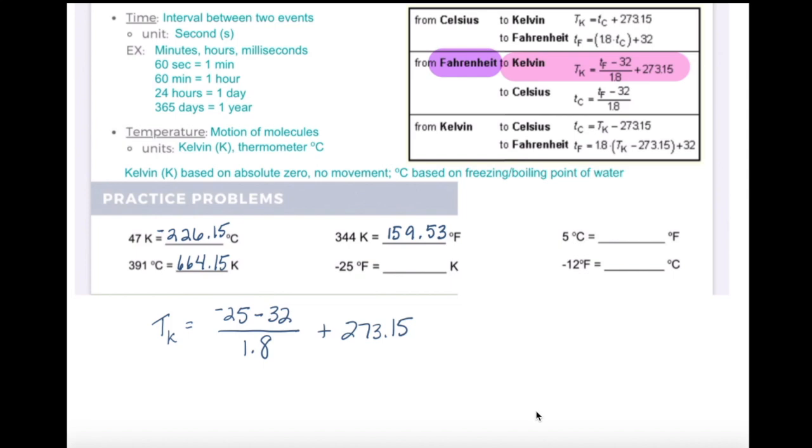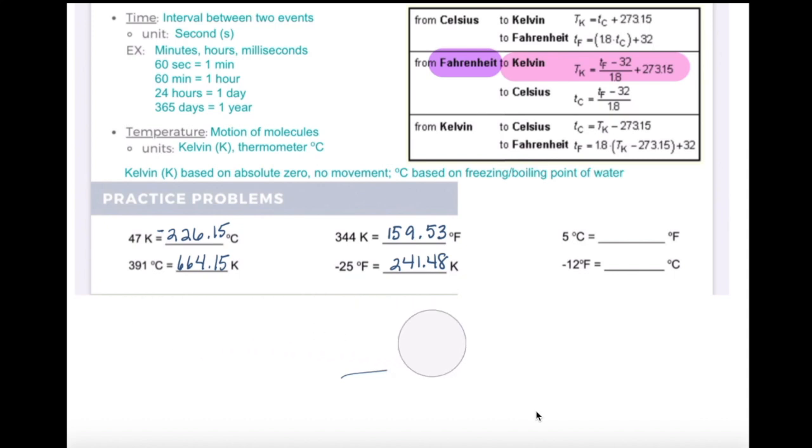So start off by subtracting the top two, negative 25 minus 32, divide that number by 1.8, and then add the 273.15, and the answer you should get is 241.48.